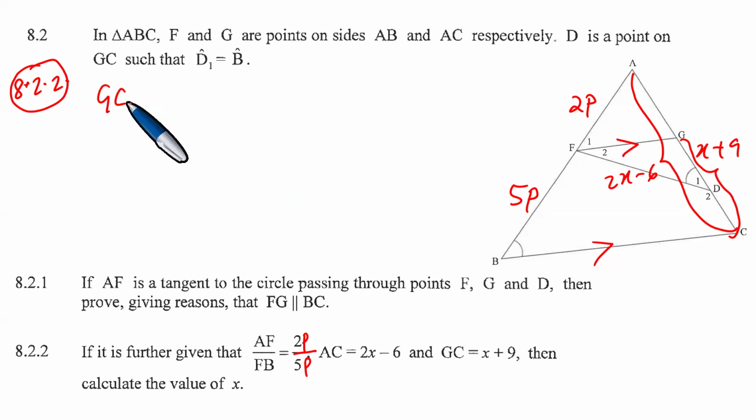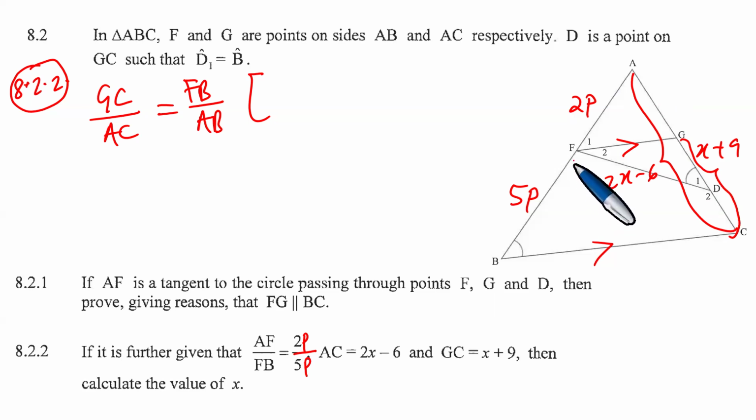So you come and say GC over AC is equal to FB over AB.